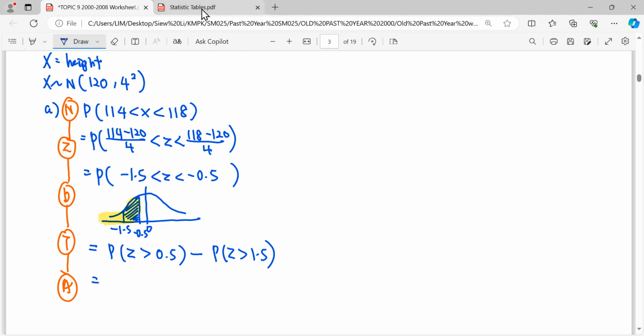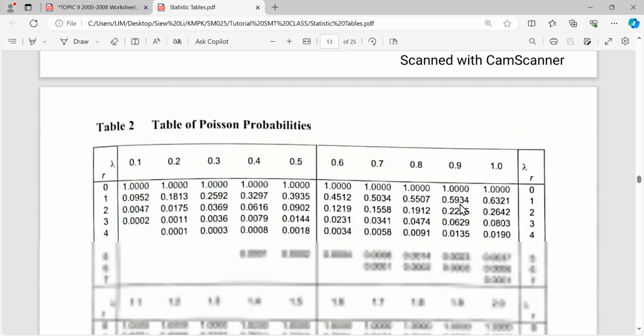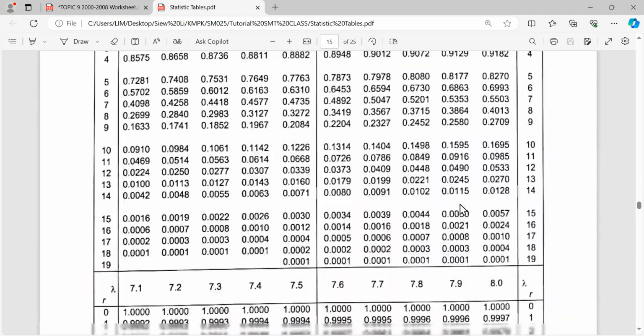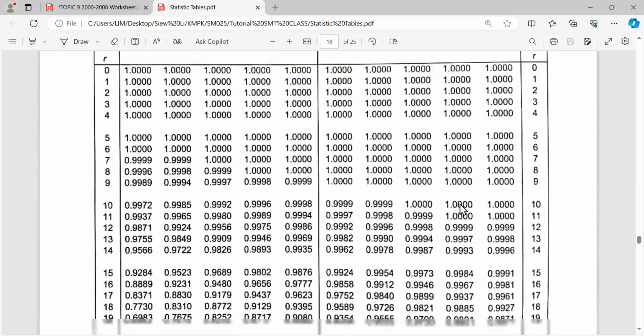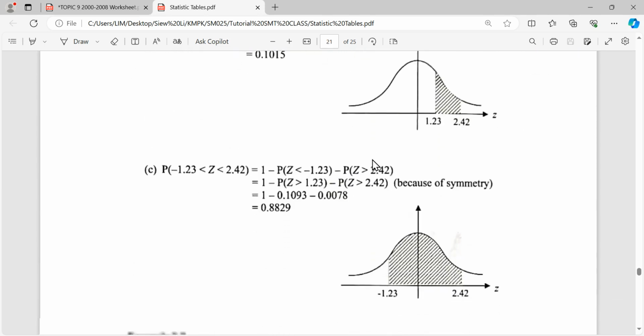Then we go to our normal distribution table. So here is our standard normal distribution table.